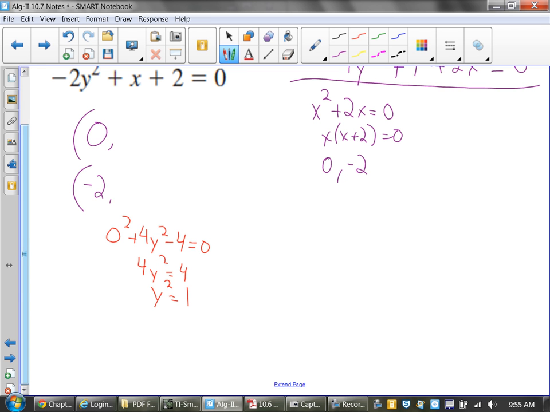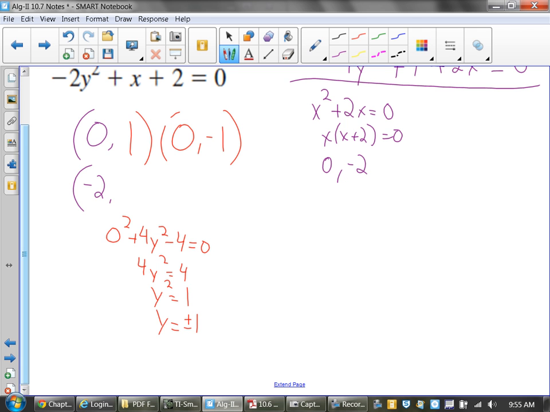So what's y going to be? Plus or minus 1. So if x is 0, y could be 1, or y could be negative 1. So you have to list this one out twice.